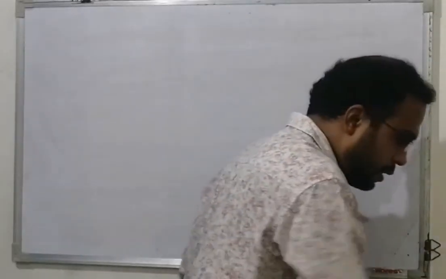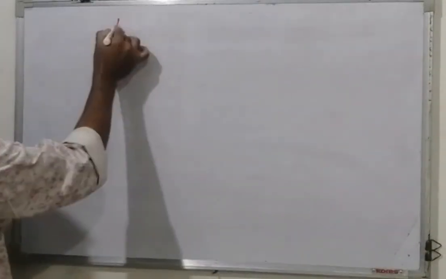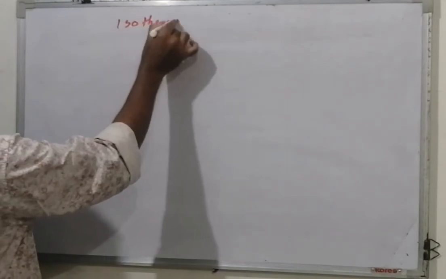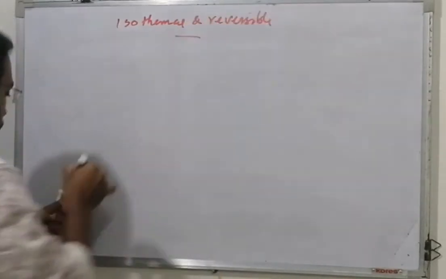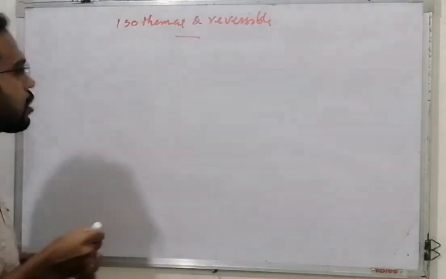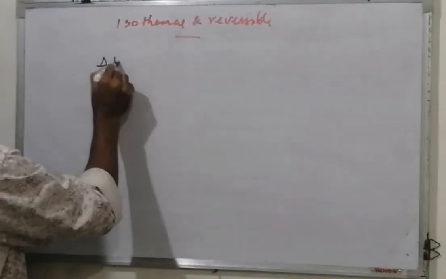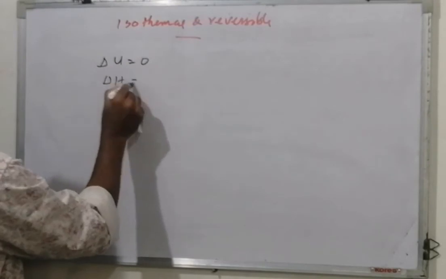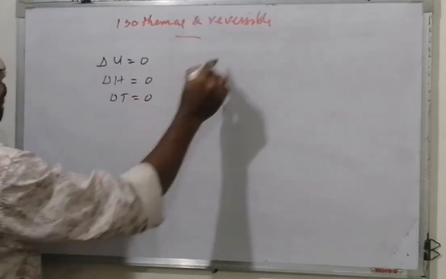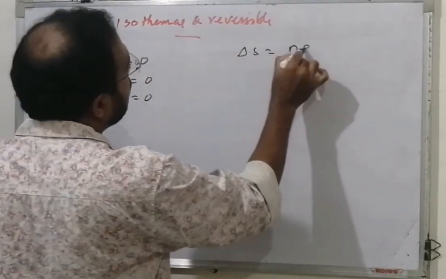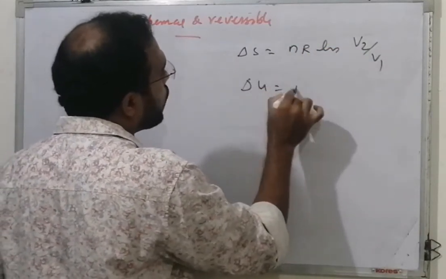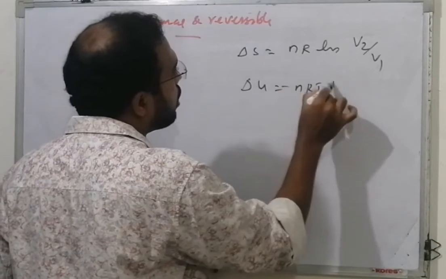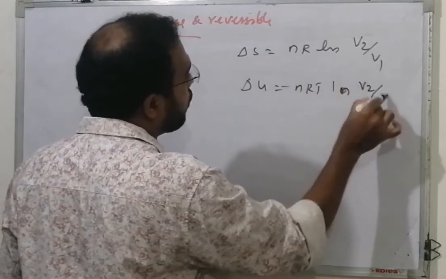Therefore, this is my trick. If there is the word isothermal and reversible, students, this is a trick. Delta U is equal to 0, delta H is equal to 0, delta T is equal to 0. But delta S is equal to nR ln V2 by V1. Delta G is equal to minus nRT ln V2 by V1.